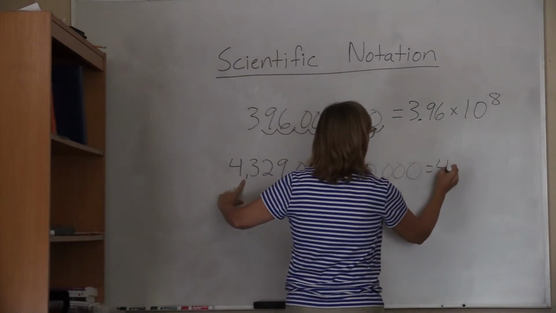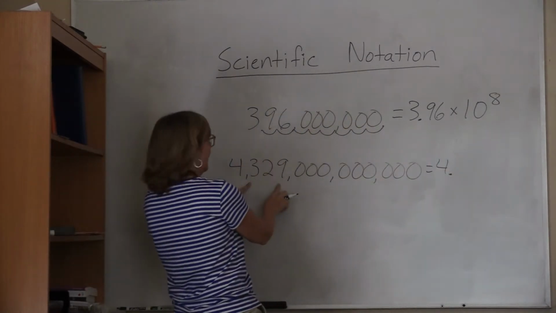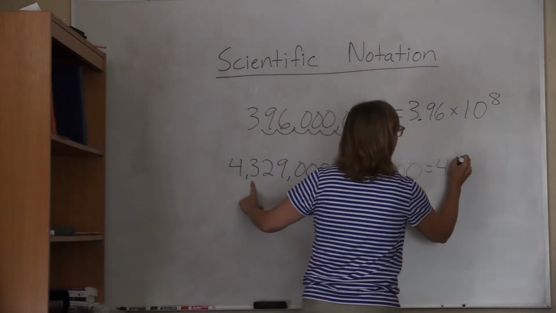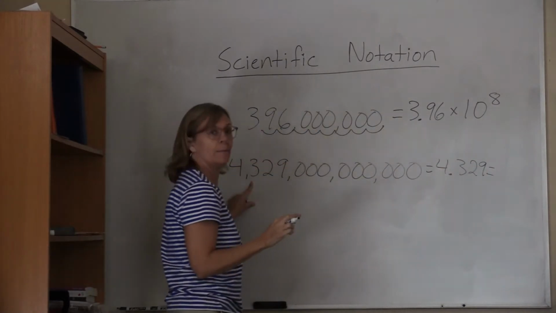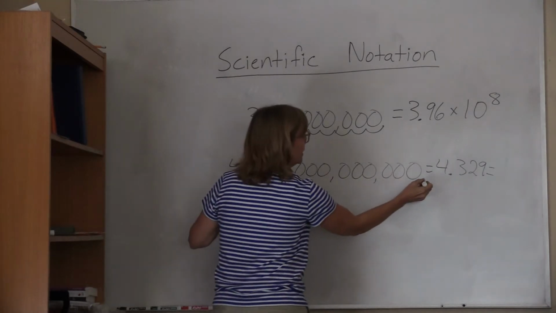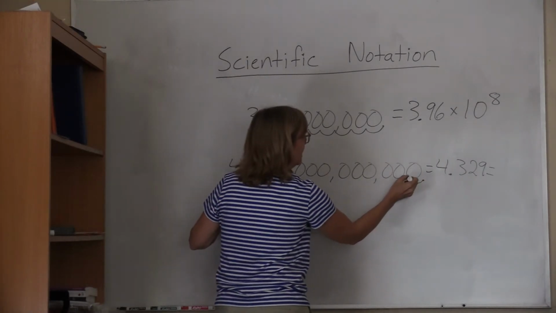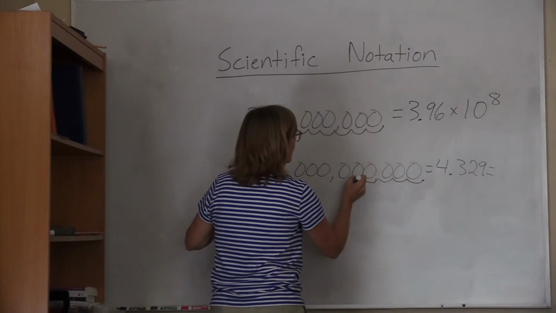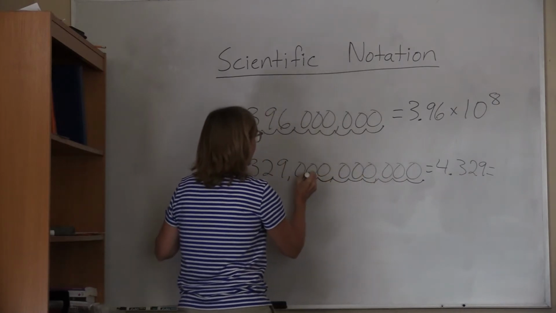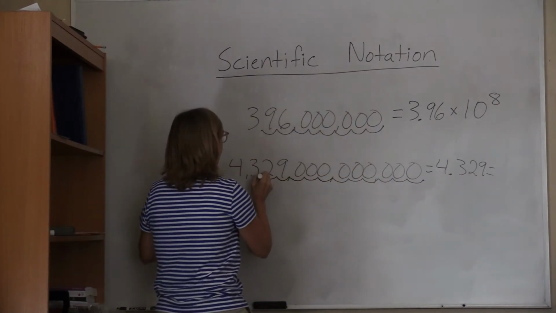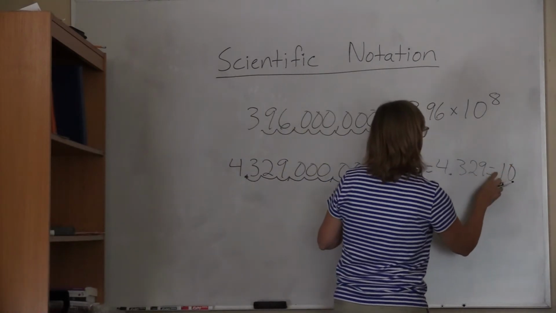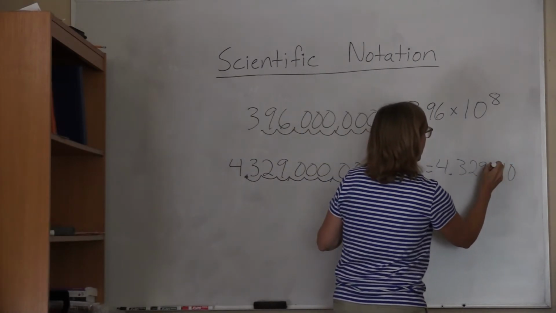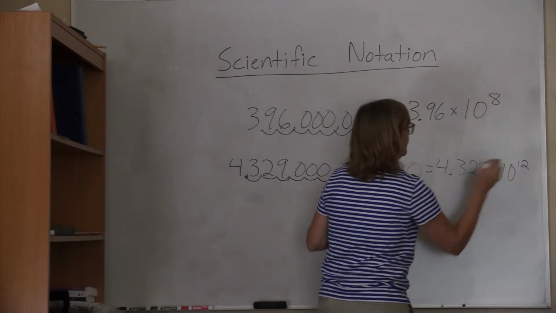So I'm going to have 4 point, and then whatever else I have, 329. So now I've got to count my way back. I'm going to start here where the decimal is at the end. I'm going to go 1, 2, 3, 4, 5, 6, 7, 8, 9, 10, 11, 12. I've got 12 places. So it's times 10 to the 12th.